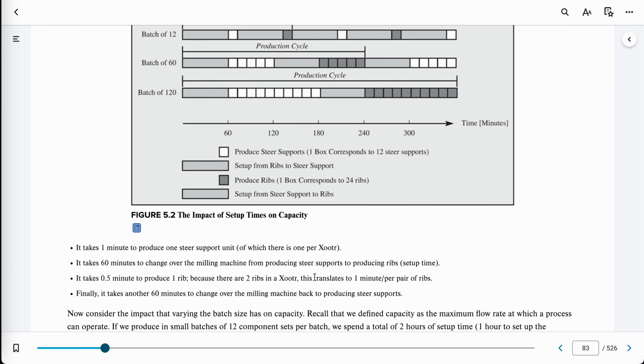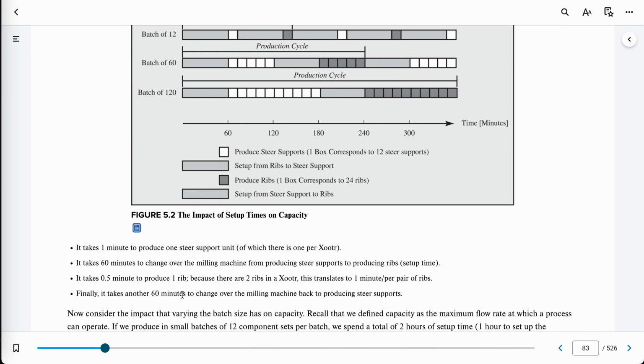Each time you move from producing one of these types to the other, you have to wait 60 minutes to recalibrate the computer operated milling machine, right? It takes half a minute to produce 1 rib, or a whole minute to produce 2 ribs, because you need 2 ribs in a zooter. And again, it takes 60 minutes for the setup process itself.